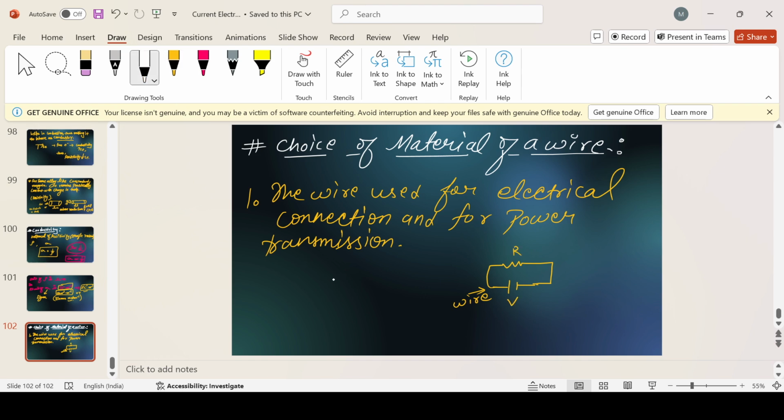And for power transmission, like the current coming from the power plants to the homes, what is the first thing required?